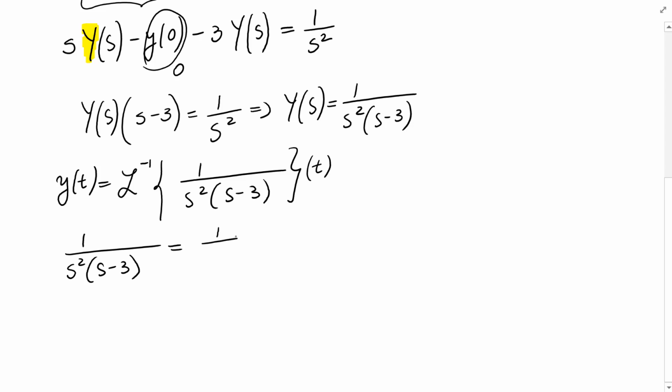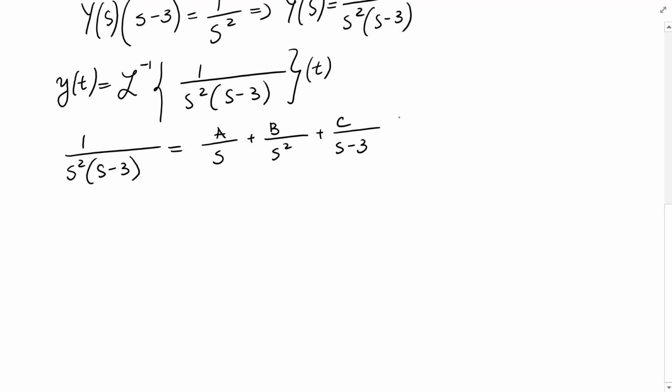We can take 1 over s squared times s minus 3 and use partial fractions. So I can write a over s plus b over s squared plus c over s minus 3. If we find a, b, and c, we can calculate the inverse Laplace transform. I'm going to do that to remind you how to do partial fractions.